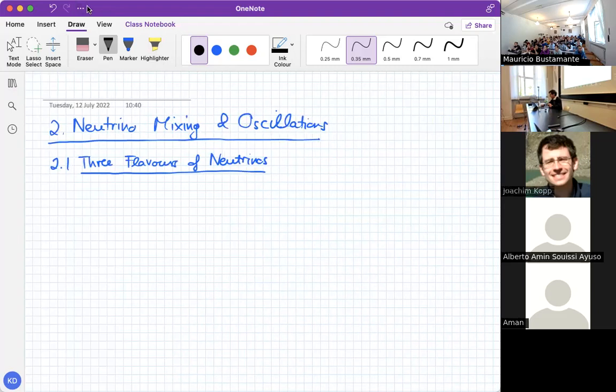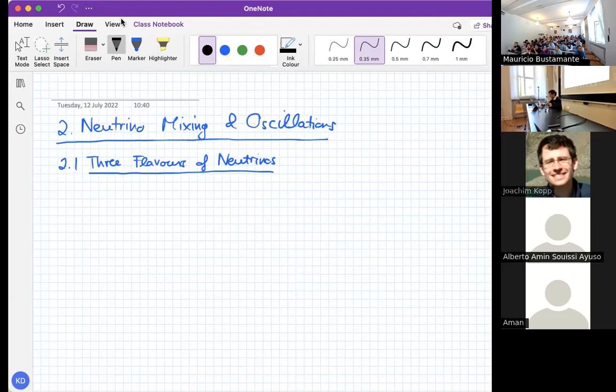And that is the crucial part of this second lecture. We saw that M alpha beta is in general off diagonal, so we had to diagonalize it.